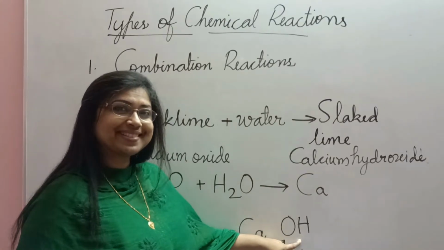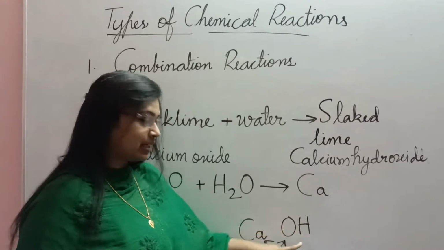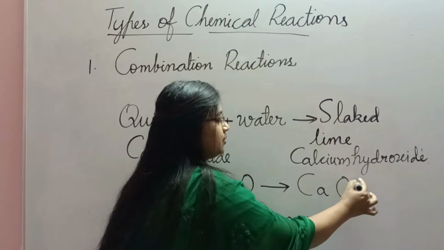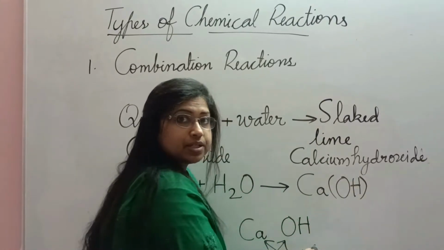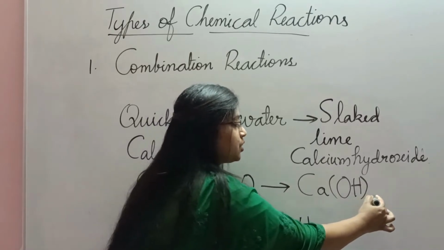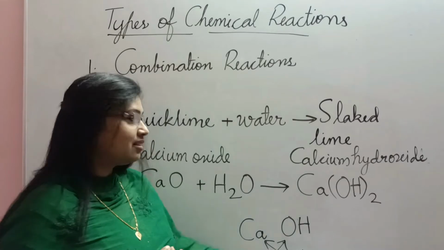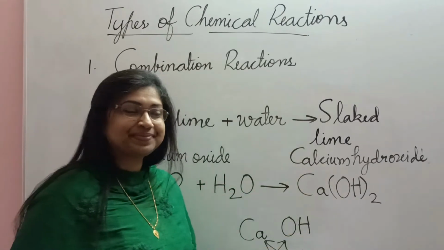How will you write it? Since this is a polyatomic radical and we need 2 of it, what you have to do is put the hydroxide radical inside a bracket. Then put the subscript 2 outside the bracket. Okay? This is how we need to write the formula of calcium hydroxide.